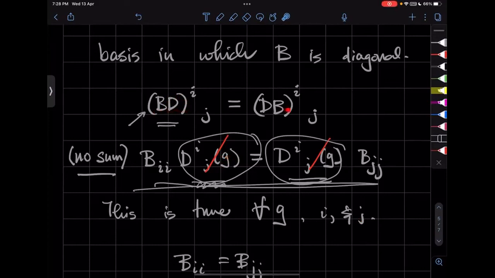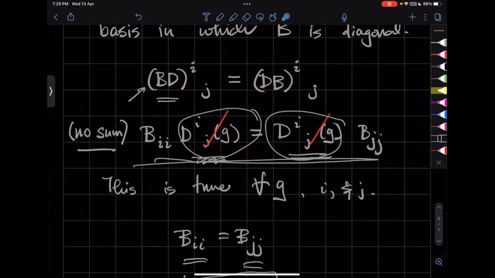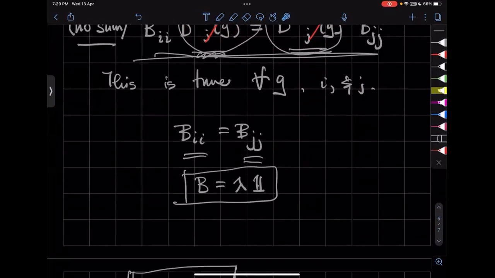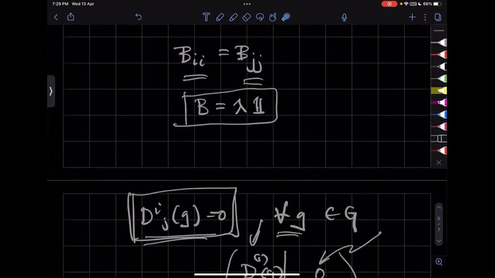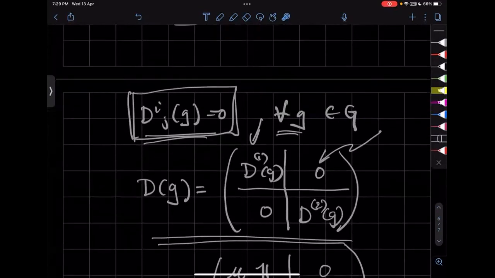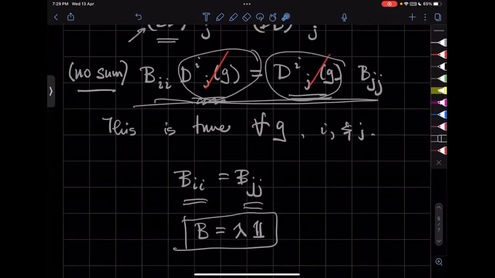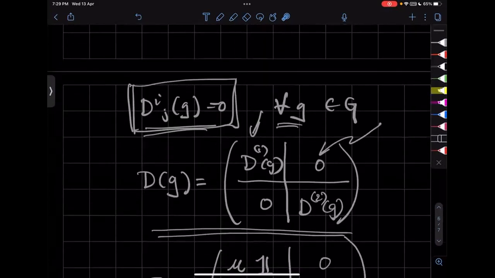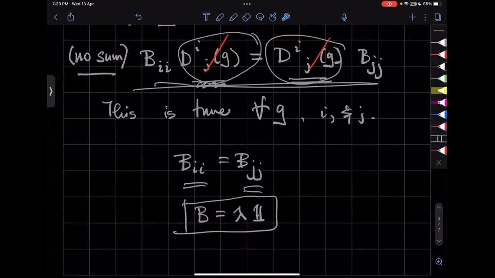This is true for all g, and I and J are arbitrary. Yeah, makes sense. So essentially, if these are zeros for all of those, then it is not an irreducible representation. Does that mean that D is just a 0 matrix? Yes. Okay. Yeah.